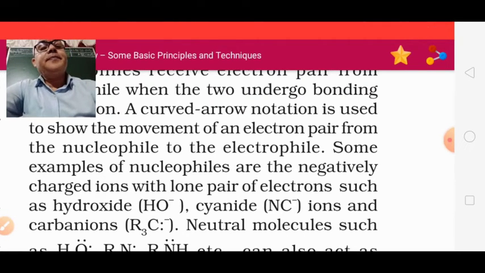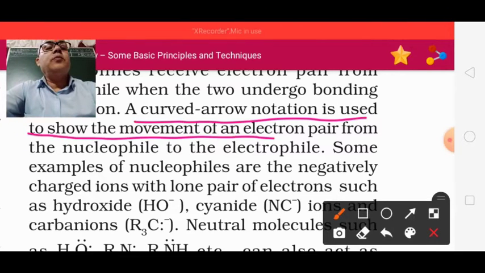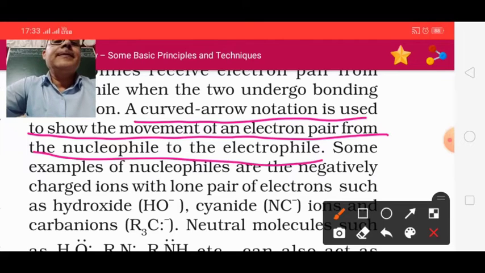Now see here, a curved arrow notation is used to show the movement of an electron pair from the nucleophile to the electrophile.